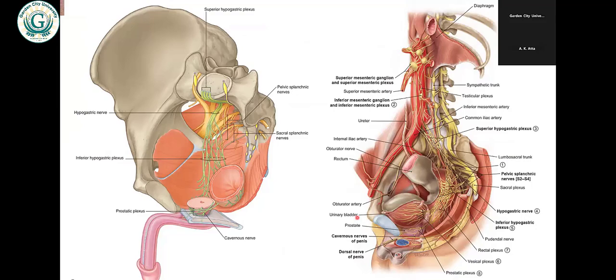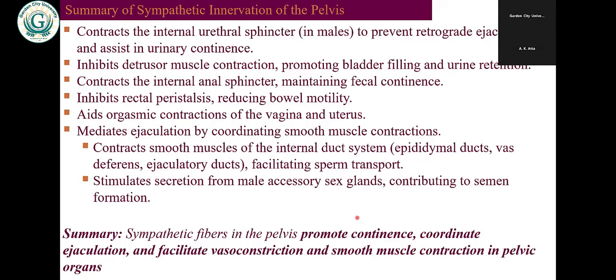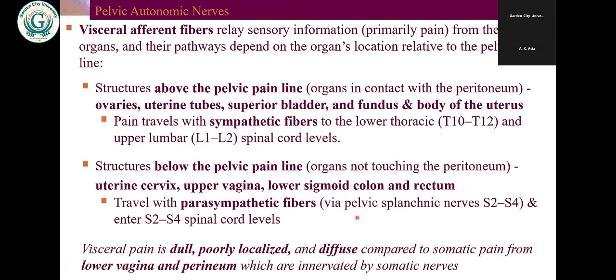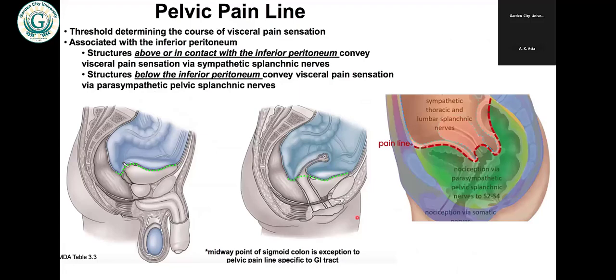Then I mentioned that let's look at the visceral sensory fibers. Please, that one too is very important. In other words, if there's pain coming from the uterus, if there's pain coming from the upper part of the vagina, if there's pain coming from the ovary, they will travel along either sympathetic or parasympathetic fibers.